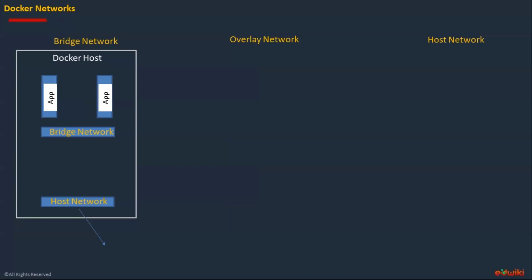The bridge network is the default network in Docker. If you are not doing anything, by default, Docker will ensure that the bridge network is set up for you. All the containers that get created in this particular Docker host will be connected to the bridge network by default.